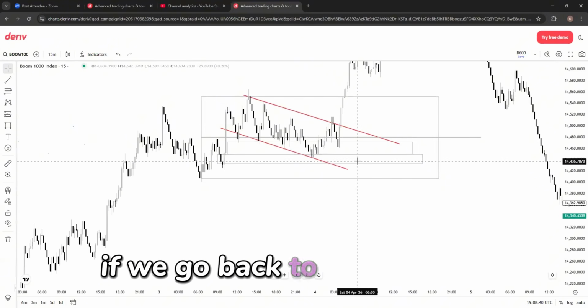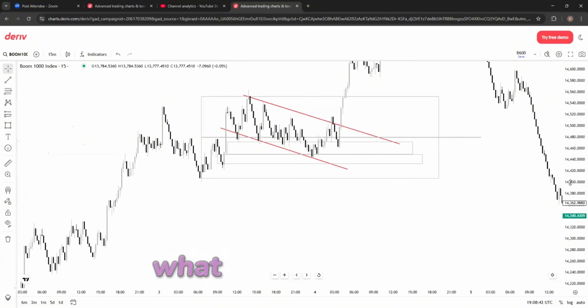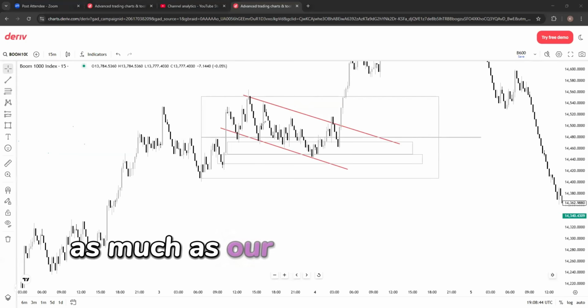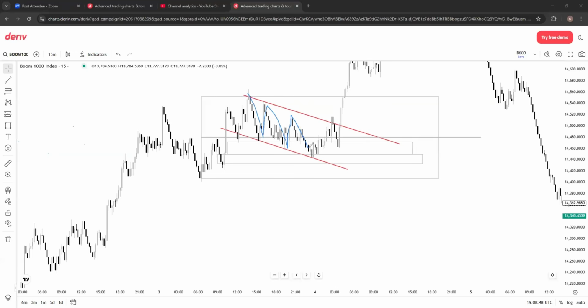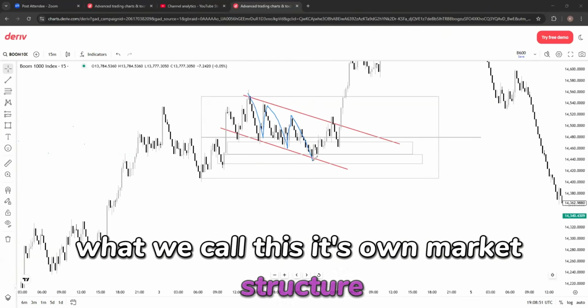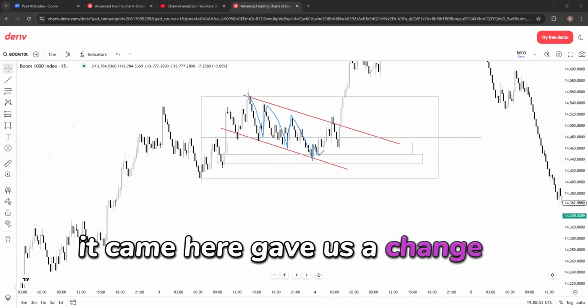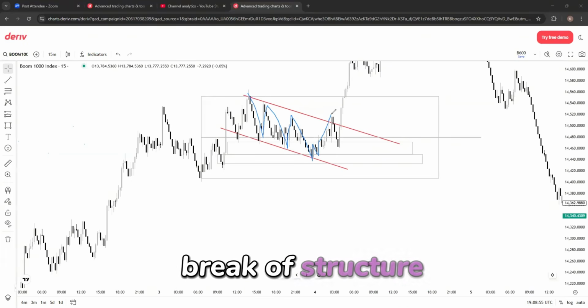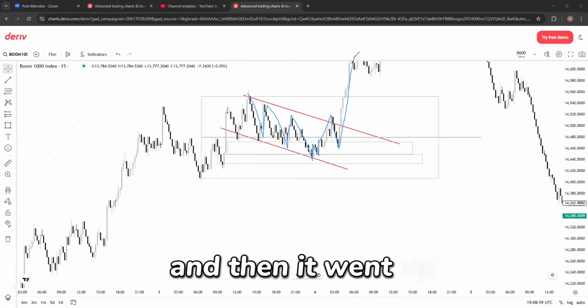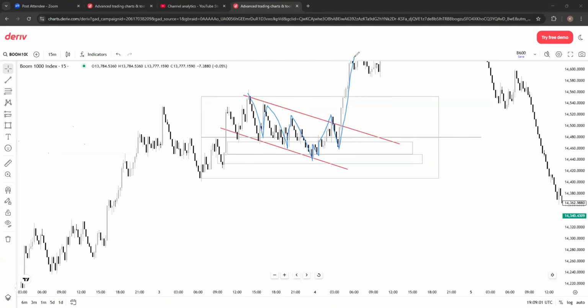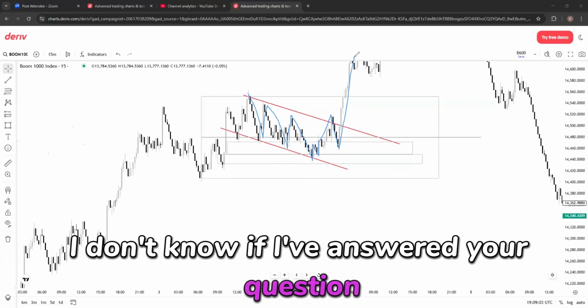If we go back to our M15, what you would see is, as much as our flag was giving us its own market structure, it came here, gave us a change of character just here, break of structure, then reaction to the order block again, and then it went up. I don't know if I've answered your question along the way.